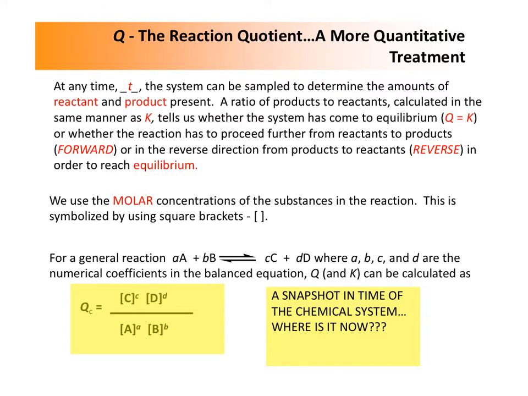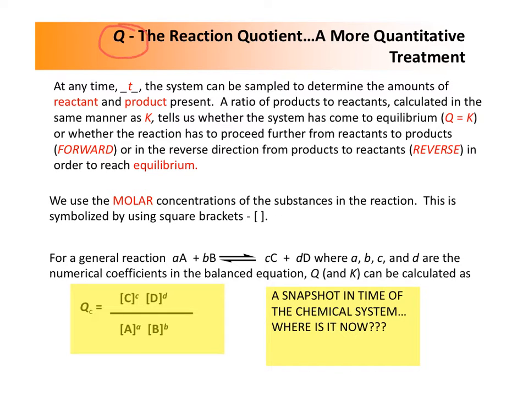Okay, so this is something called the reaction quotient. I think we're going to skip a few of these, practice Le Chatelier's principle, and then come back to this. Okay, so we're going to take a more quantitative look at the equilibrium constant, or this idea of a system at equilibrium. We have a new term that we call the reaction quotient.